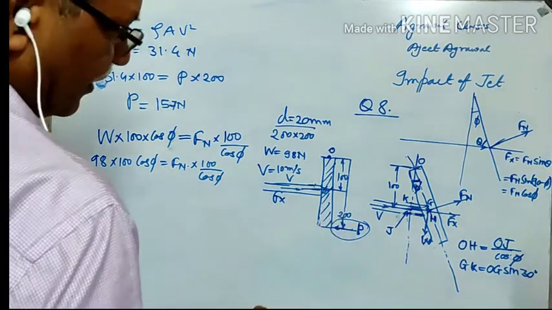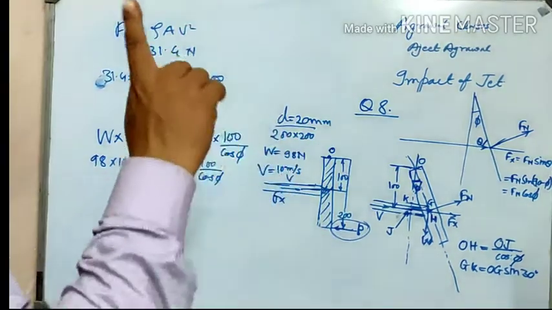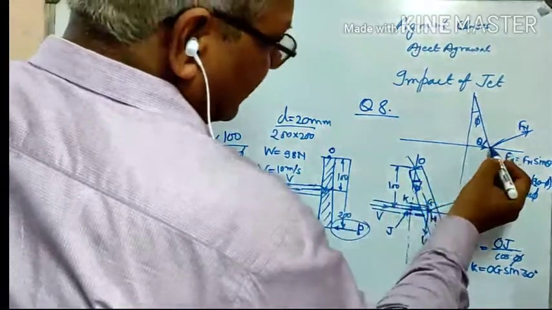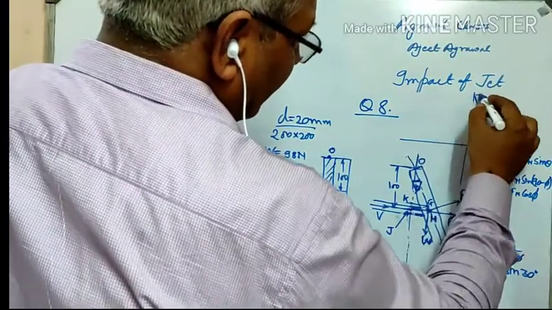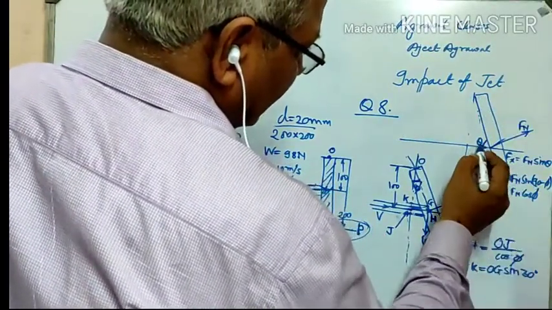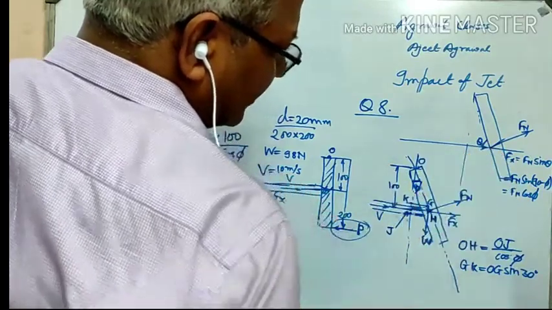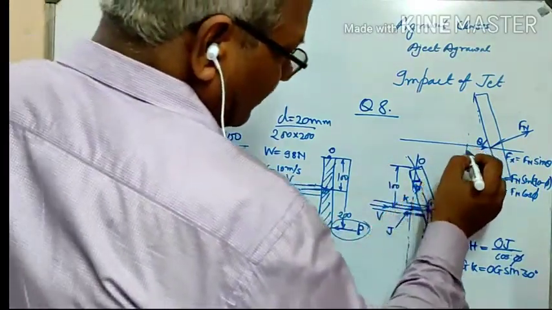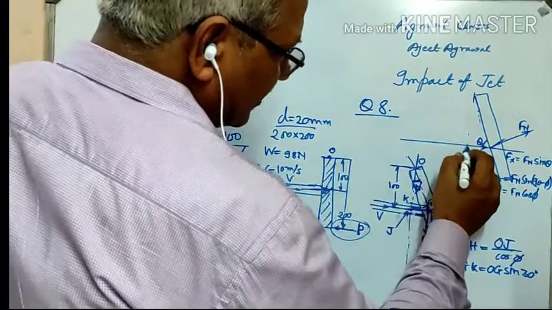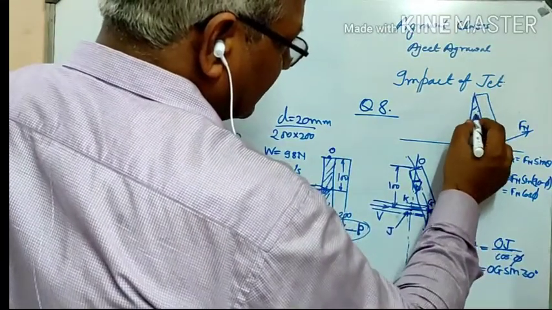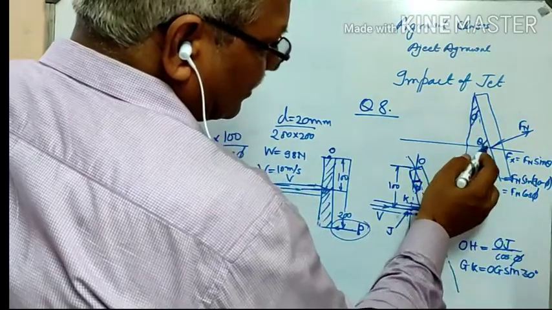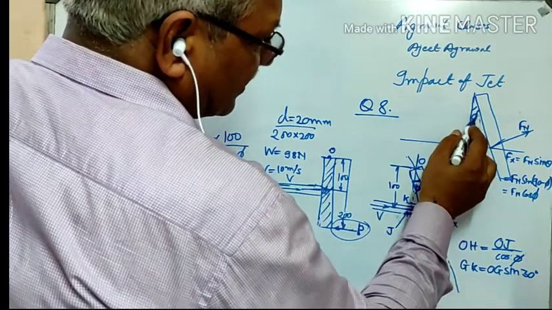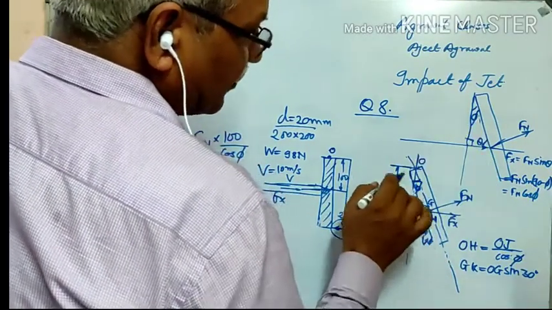And for Fn, considering our original question, a plate is inclined with the jet by an angle theta. In this case, theta is nothing but 90 minus phi, because this is 90 degree and this is phi, which we want to calculate.